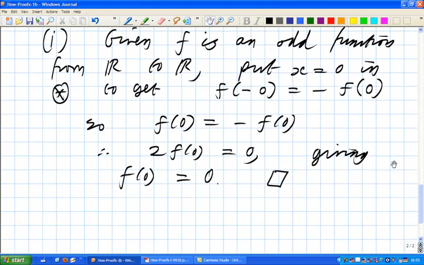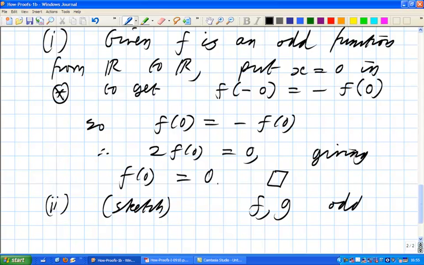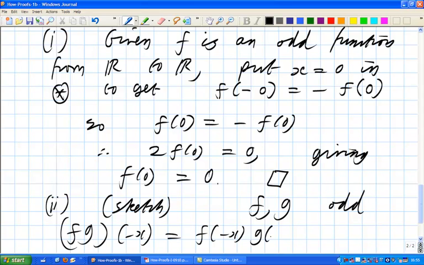And I'll just sketch the other two. If f and g are odd, then the function fg evaluated at minus x is equal to f of minus x times g of minus x.